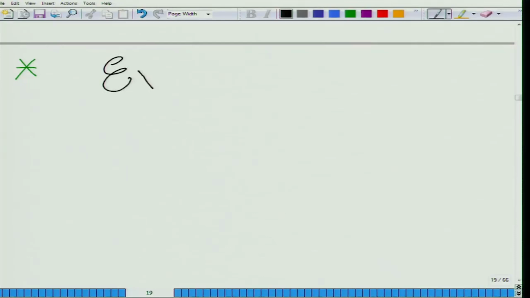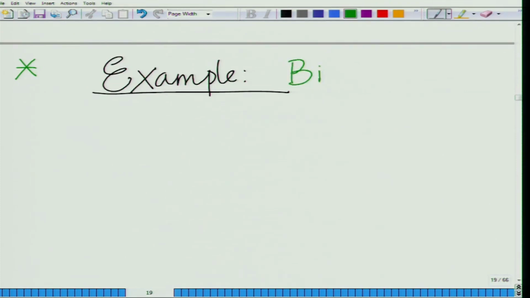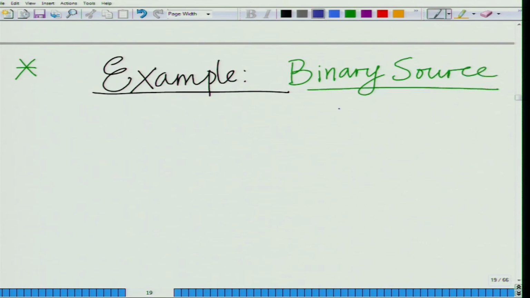Okay, so I want to look at an example for entropies, correct? So let us consider a binary source, which implies the source alphabet has two symbols, similar to 0 and 1, okay, a digital source.